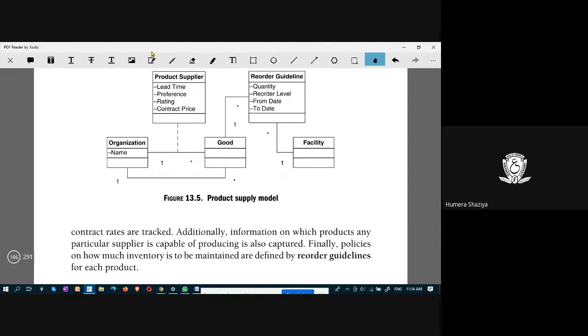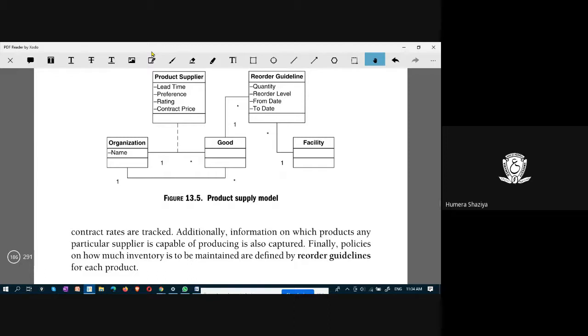Product supplier has lead time, preference, rating, contract price. Okay, the supplier would decide based on several other factors what should be the price, and what should be the rating, preference, and all.